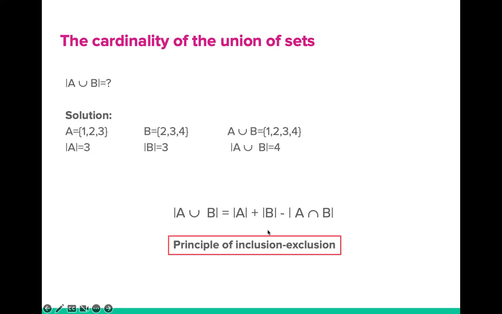So 3 plus 3 will be 6, minus the elements that are both in A and B. What are the number of elements that are in A and B? That is the 2 and 3, right? So we have 2 elements that are in both sets. So 6 minus 2 will give us 4. So the cardinality of A union B is 4.